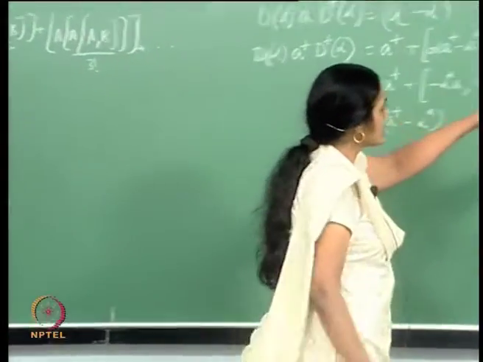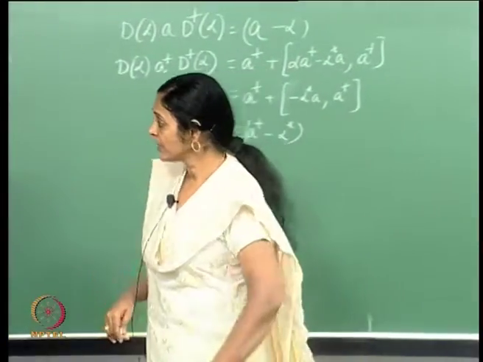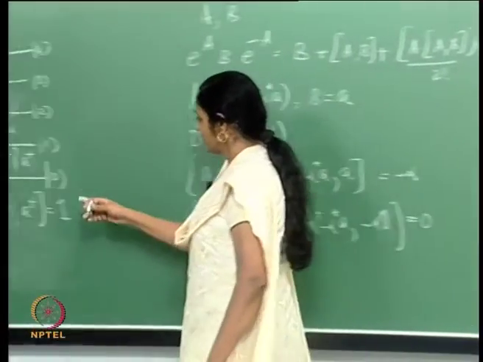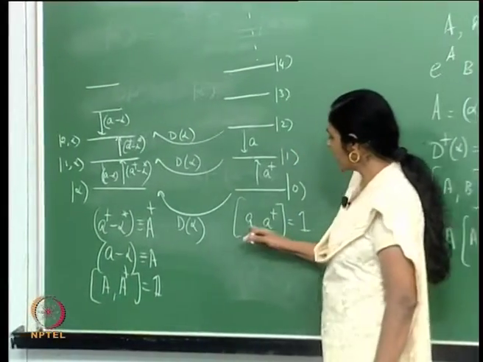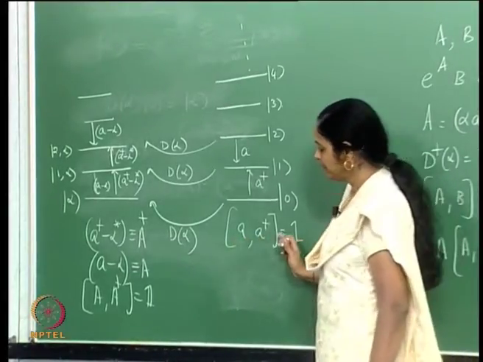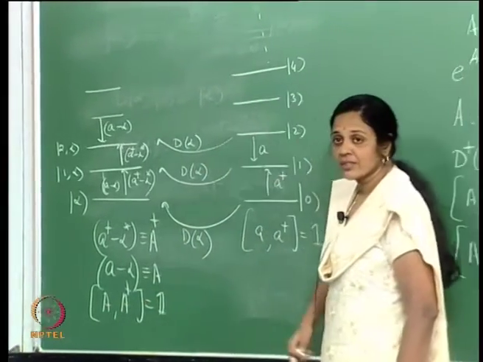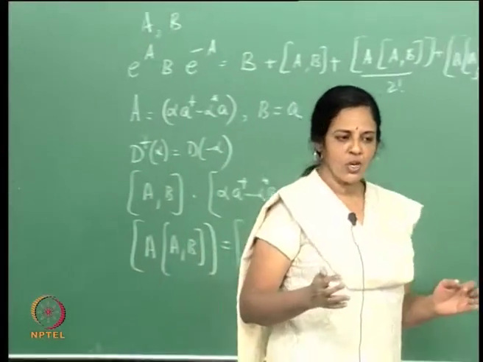The operator gets sandwiched between D and D dagger, as a result of which the algebra does not change. Initially I had little a and little a dagger and their commutator was 1. Now I have capital A and capital A dagger and their commutator is 1. So the algebra does not change.